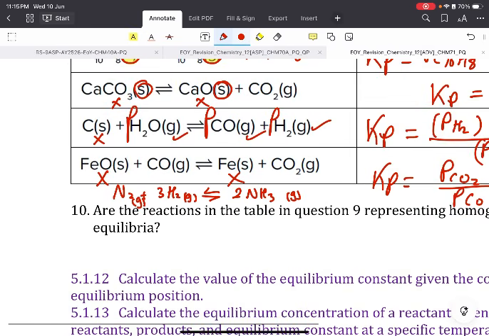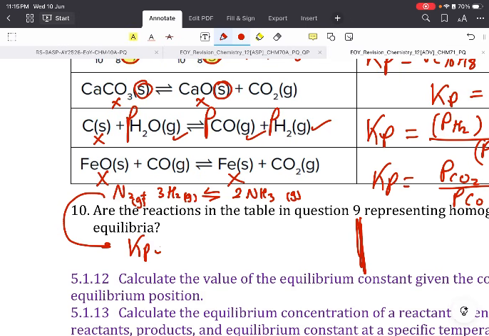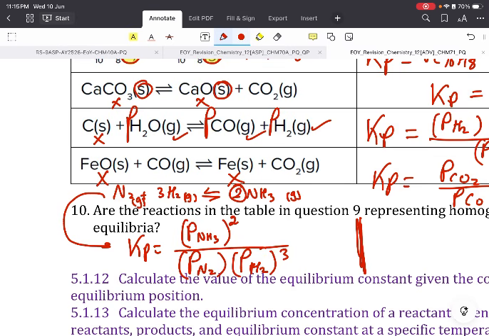So the Kp of this one, I'm just going to write it over here, and I'll start the answer of question 10 after this line. So Kp is going to be the pressure of NH3 squared, this 2 is going to be a power, over the pressure of N2 multiplied by the pressure of H2 to the power of 3.